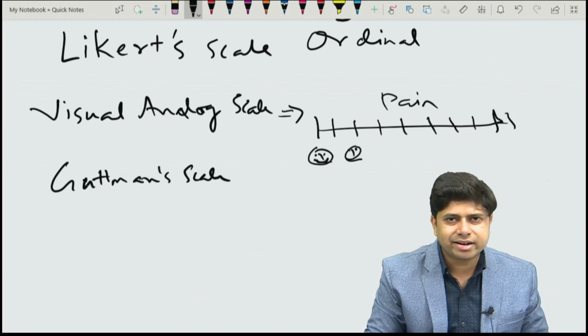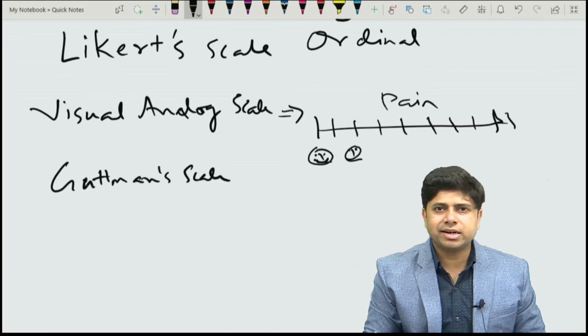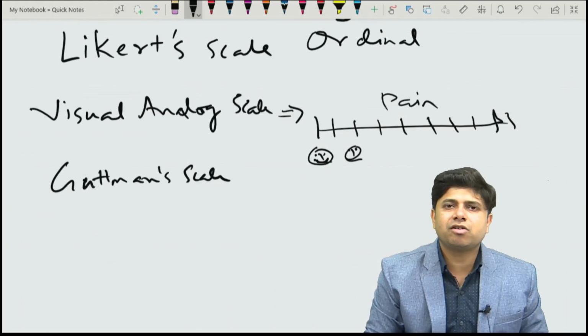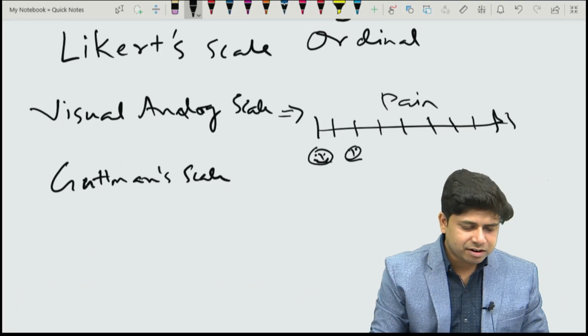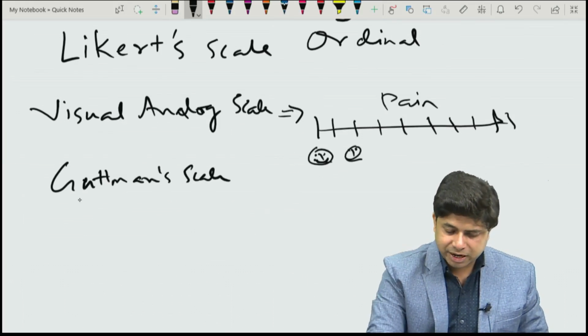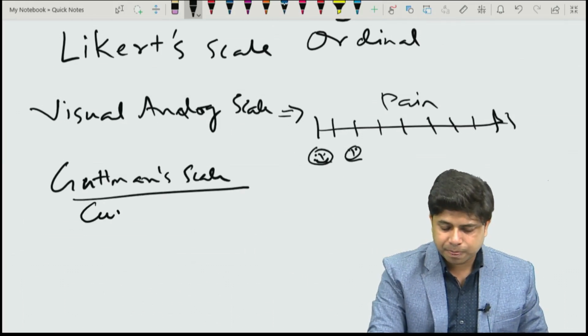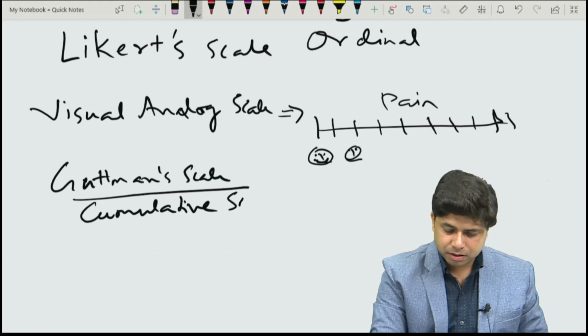These are also qualitative, but ordinal. So some order is there in Likert's scale, and the visual analog scale is for something which cannot be measured. So that is why these kinds of scales are made. Another one is Guttman's scale. This is also known as cumulative scale.